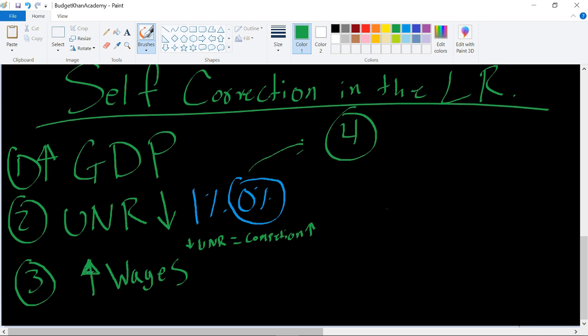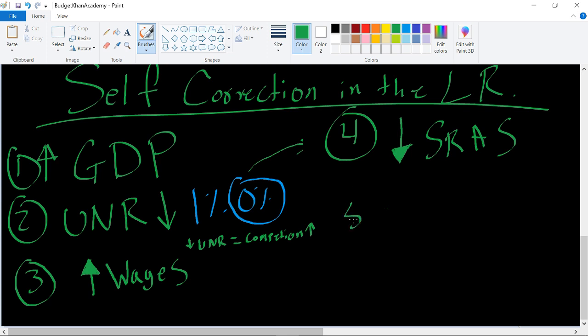That's part of our supply chain. That's part of our production. So if it becomes more expensive to hire workers, it's more expensive for us to make our goods, if we're the suppliers. So this increase in wages is eventually going to lead to a decrease. Let's color that in. Boom, boom. A decrease in the short run aggregate supply.